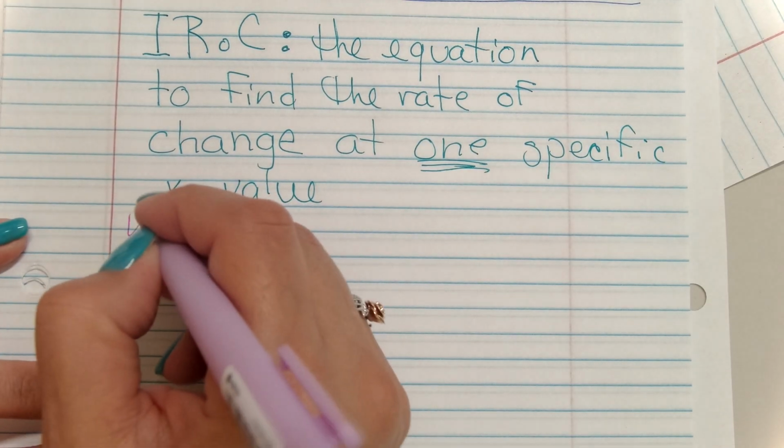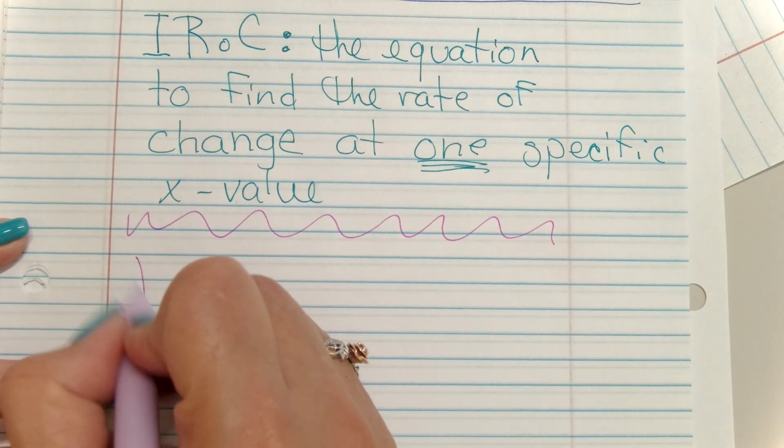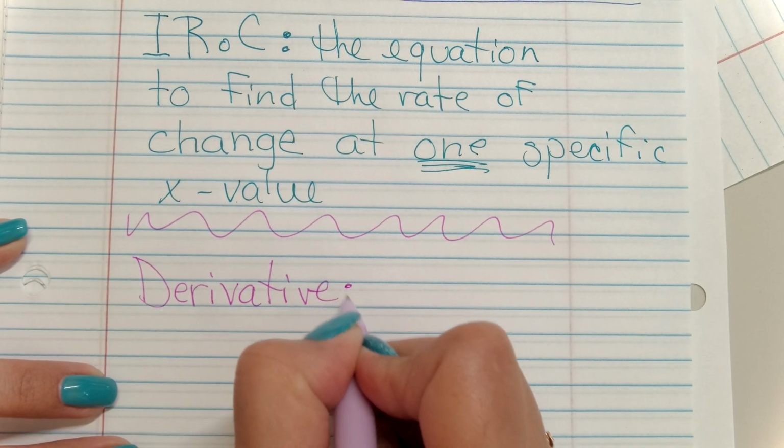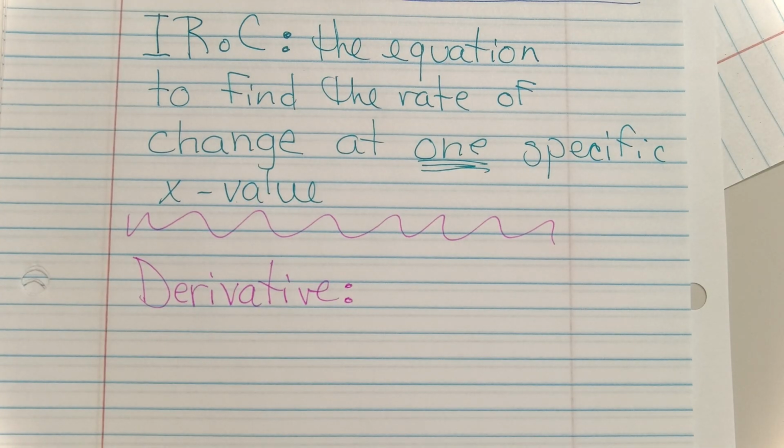But we have something called the derivative. We should not be drawing with Sharpie on our notes. We should be copying down the notes.